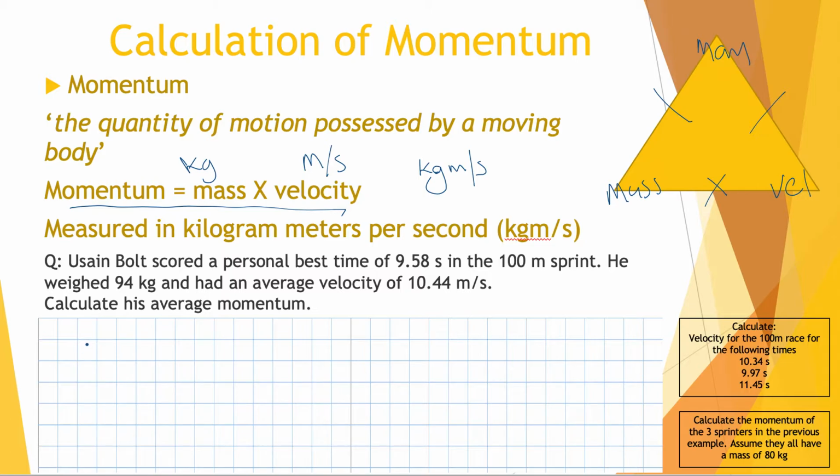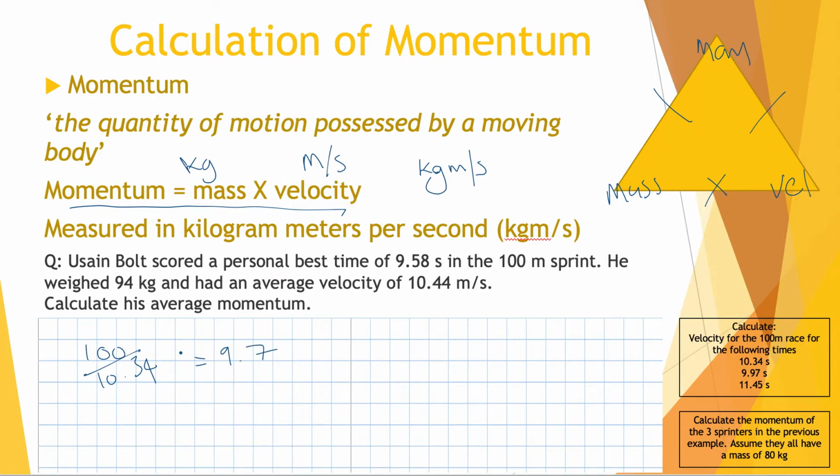So the displacement for the first one is obviously 100. Velocity is displacement over time. So 100 divided by 10.34 gives you 9.7.